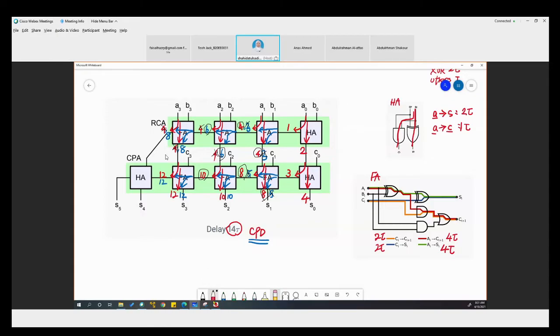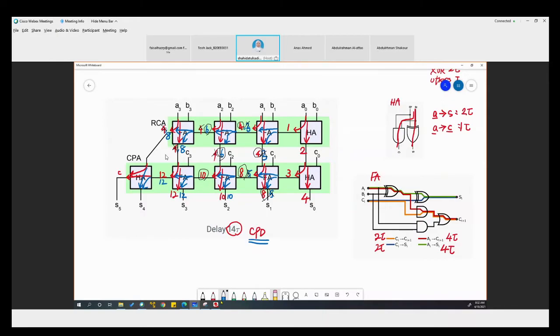And then for the half adder, we can go here or we can go here. It's the same, because this is supposed to be the C and this is the S. So from input to C, this input to C, this input to S, and there are 2 different inputs.